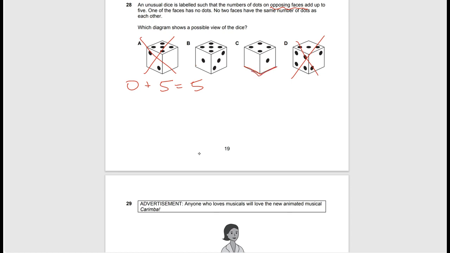So this face down here that we can't see, if this was 4, then shouldn't the bottom be 1? The bottom would be 1, but this one's already 1. So that would be a repeat. It says no 2 faces have the same number of dots, but we would have 1 dot on the bottom and 1 dot here. So it's not going to be C, and our best answer for 28 is B.